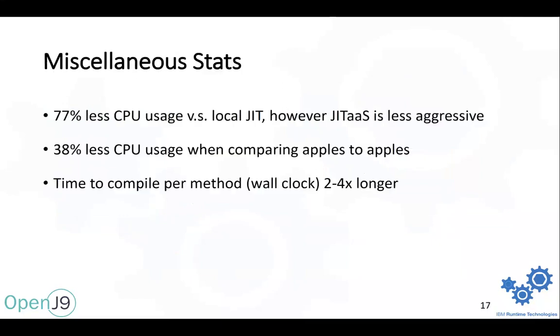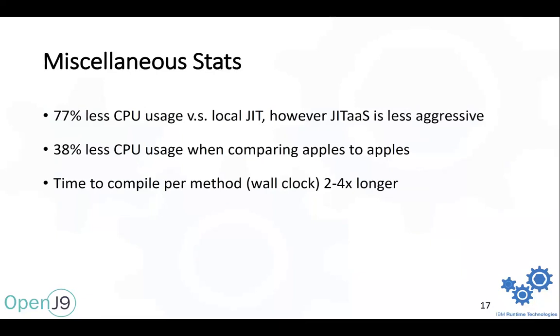And finally, I'll leave you with miscellaneous statistics. On average, the remote JIT as a service uses about 77% less CPU time versus the conventional JIT. But I have to remind everybody that that's not exactly an apples to apples comparison. As I mentioned, the JIT as a service JIT isn't quite as aggressive as the conventional JIT.